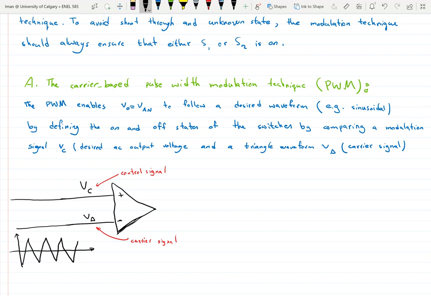And so important things about the carrier signal is the frequency of the carrier signal establishes the switching frequency.